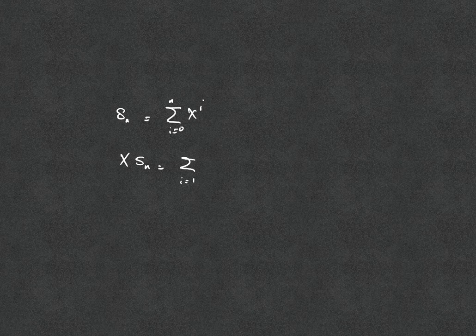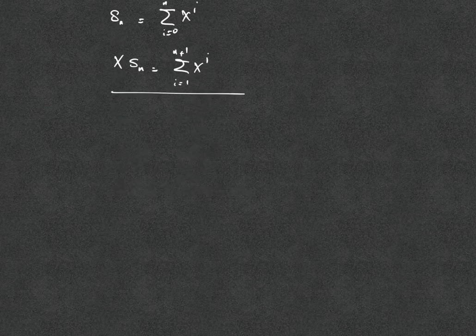To show this, first consider this S_n being the summation from 0 to n of X^i. Now if you multiply this by X, you're going to have this series instead. Now if you this time consider S_n minus X S_n, it means that you are doing this subtraction.